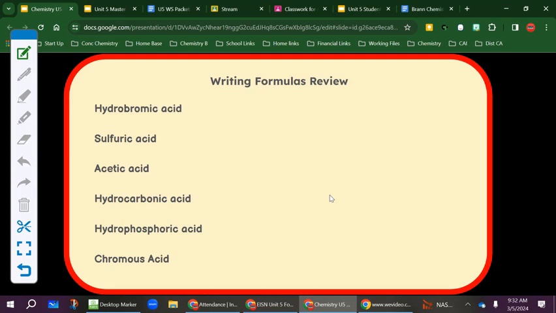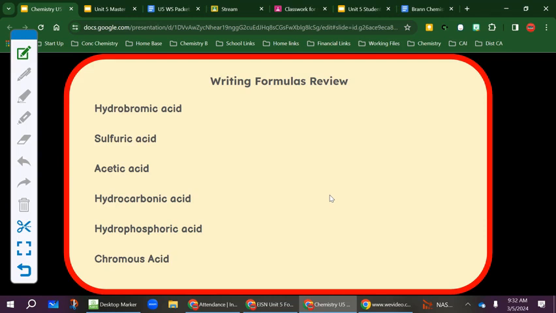If that's an ATE ending, that would make it an ic acid. To be an OUS acid, it has to come from the ITE polyatomic. Instead of chromate, CrO4, it comes from chromite, CrO3. Okay, so everything you did was correct, you just had one too many acids.